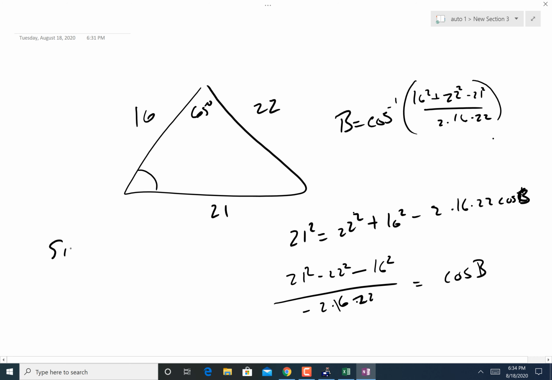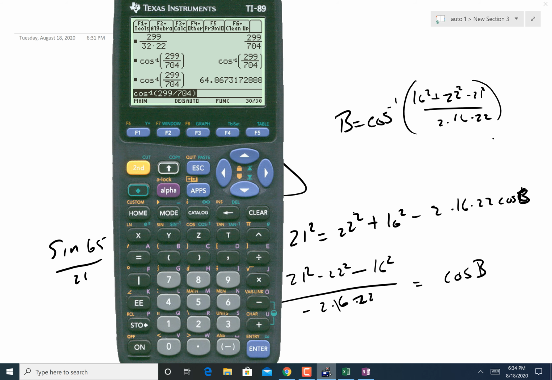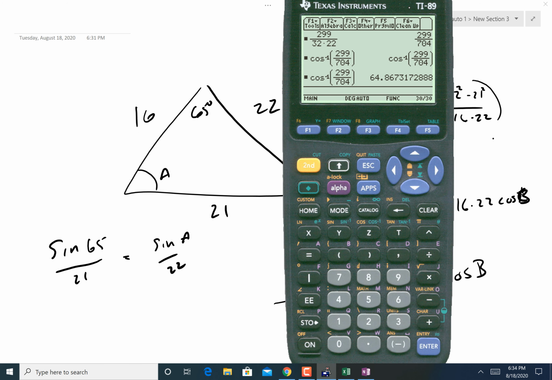So if I do that, the sine of 65 over 21 is equal to the sine of whatever this is, A, over 22. I know it has to be just a bit bigger than 65, because obviously it's just a bit bigger side, so it can't be too much bigger.